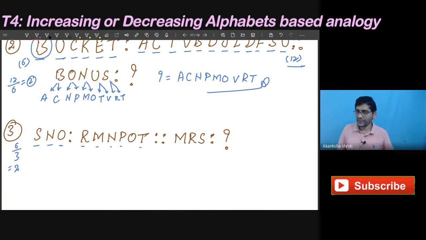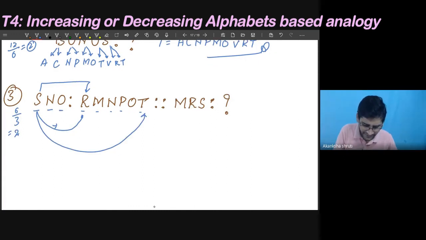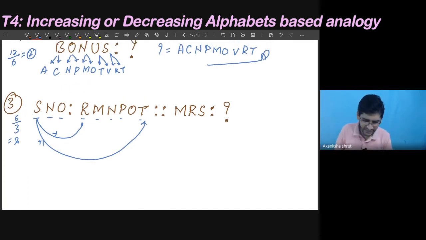It appears. But which one is producing which one? S to R. Yes, student, if we are observing carefully here, we are getting S to R means once before, but S to T also. So it is shifting back by 1 and increasing by 1. But one at beginning, another at end. This we need to keep in mind. Now let us come for the N, whether the same logic applicable here. MNO, yes, -1. And other at the end +1. O, okay.